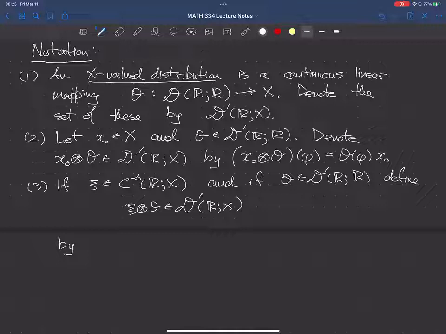Actually, let me do this in a slightly more sophisticated way from the way I sometimes do it, and that is by requiring that for lambda in the dual space of X. When we talked about duals for distributions, we talked about algebraic and topological duals.